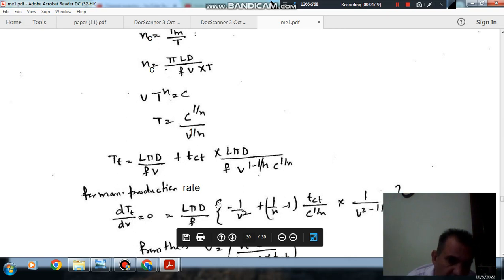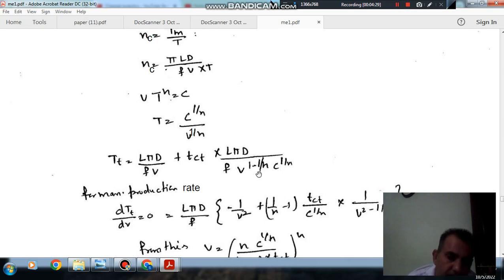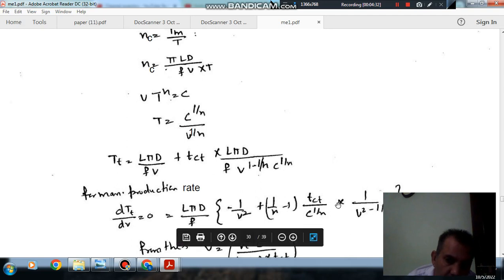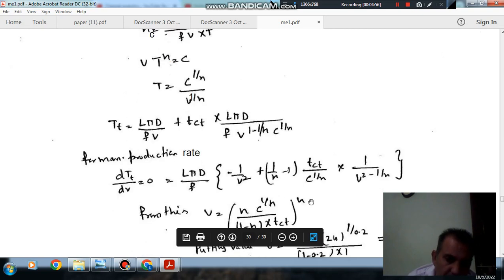The differentiation of 1 by V is minus 1 by V squared, and the differentiation of V^(1 - 1/n) will be (1 - 1/n) times V^(-1/n). And the Tct and C^(1/n) terms stay the same.